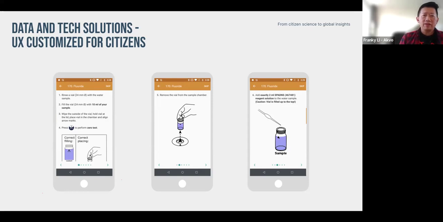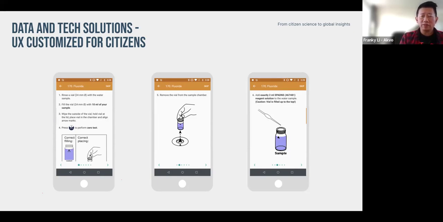So that's one. Secondly, as the instructions are coming out, slide by slide, we also allow time for the tester to do different steps, such as adding the reagents, such as taking a reading, and that's important because in many cases that's an important part of getting proper results.